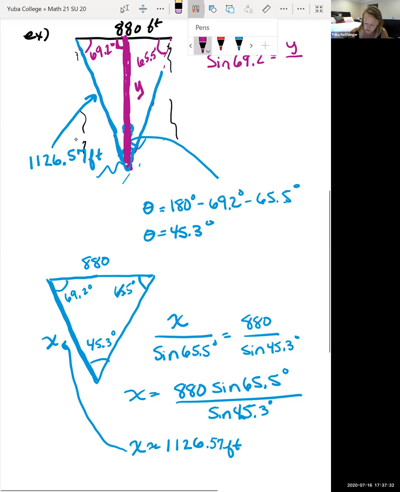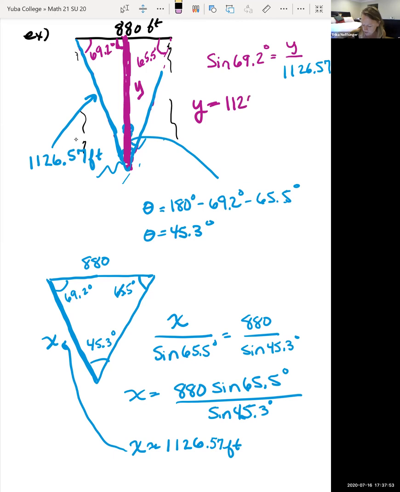which we just found was 1,126.57 feet. So multiply both sides by that denominator, and then we get what our height is, what we're trying to find. So y is equal to 1,126.57 feet times sine of 69.2.